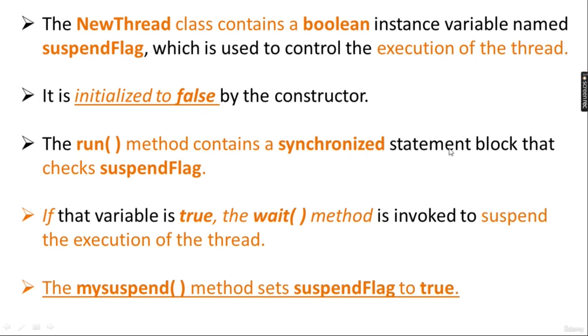Then the run method contains a synchronized statement block that checks the suspendFlag periodically. If that variable is true, that is, suspendFlag is true, the wait method is invoked to suspend the execution of the thread. The mySuspend method sets the suspendFlag to true. So when this suspendFlag is true, the wait method is called to suspend the execution of the thread, and the task of making this suspendFlag true is done by the mySuspend method.